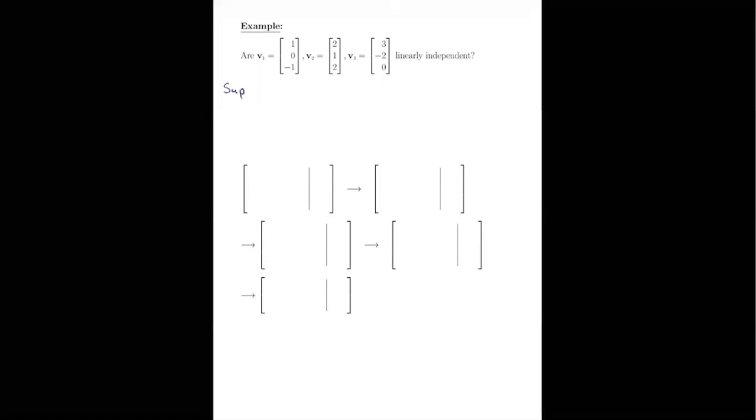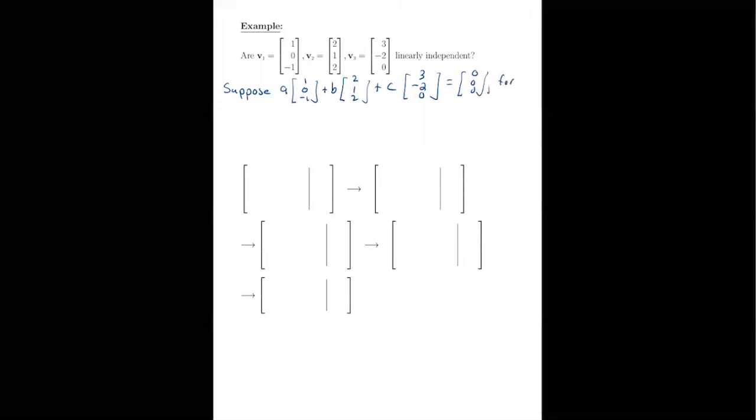So we're going to suppose that A times (1, 0, -1) plus B times (2, 1, 2) plus C times (3, -2, 0) is equal to the 0 vector, so (0, 0, 0).